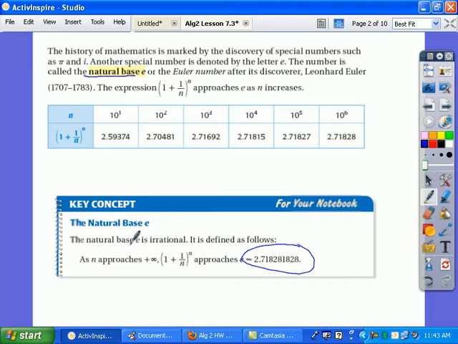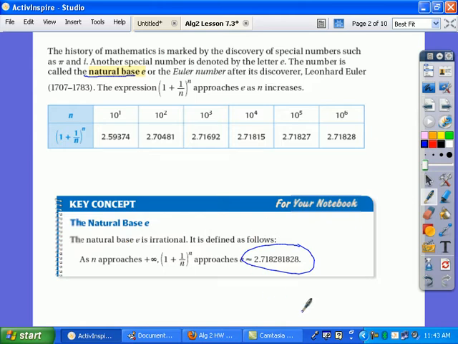That's an arbitrary man-made thing. Biology doesn't wait to compound based on man-made ideas. If two cells are going to divide, they don't say, "We've got to wait another 10 minutes before we're allowed to divide." Cells divide on their own time, so we consider this as a compound continuously idea. And when we compound continuously, we need the number e, called the natural base.